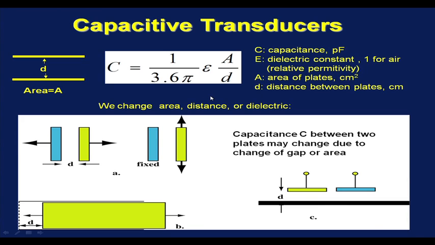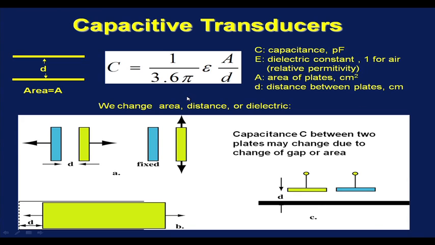So, if we take two plates which are separated by distance d and have area A, the capacitance in picofarad will be 1 by 3.6 pi into epsilon, which is dielectric constant, into A by d, where A is area of plates in centimeter square, d distance between plates in centimeter.